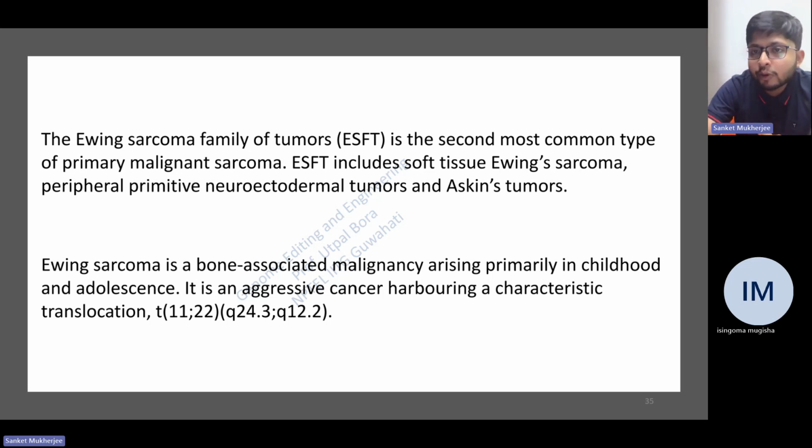If you do not know what p and q are, in a chromosome, with the centromere in the middle, there is usually a short arm and a long arm. The short arm is the p, the long arm is the q, and locations like 24 or 12 are the locations in the chromosome.